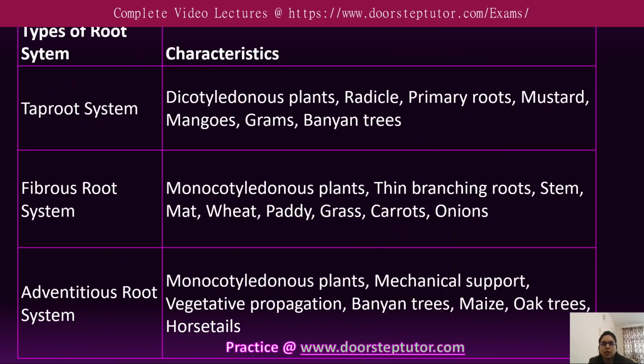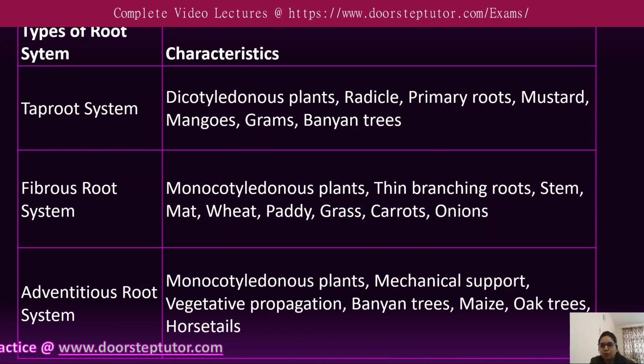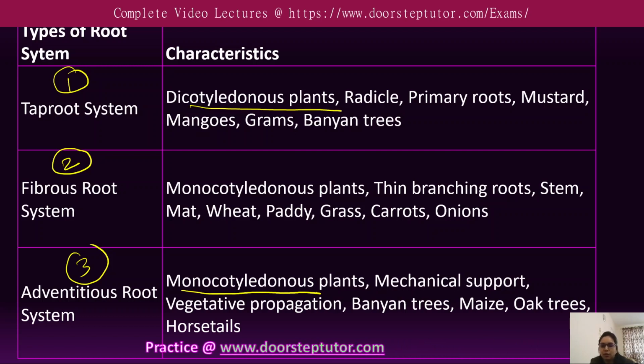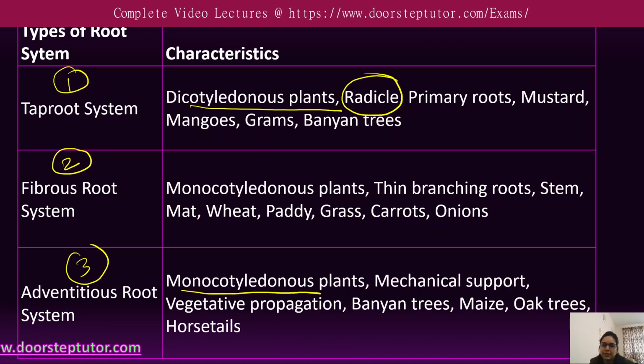Now let's explore the different types of root systems. Basically, there are two types of root system. The first one is the taproot, and the second one is the fibrous root. The third one is a feature which is present in monocotyledonous plants. The taproot system is present in dicot plants, and it develops from the radicle of the germinating seed, and it consists of the primary root.